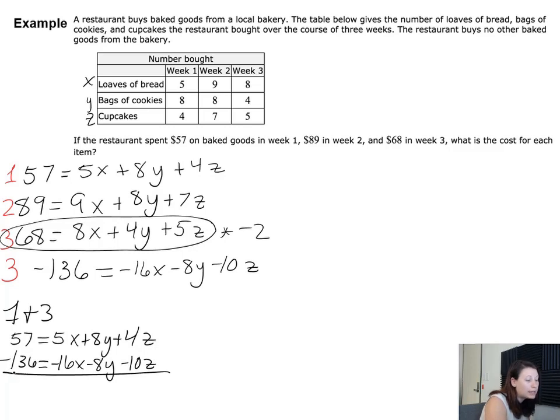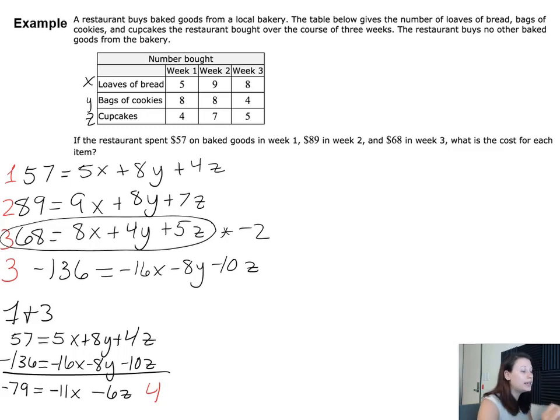So we add that down, and what is that? -136 plus 57 is -79. Then 5x and -16x is -11x. The y's cancel. Then we have -6z. 79, 11, and 6 don't have anything in common, so that's all we can do to that one for right now. This is equation 4.